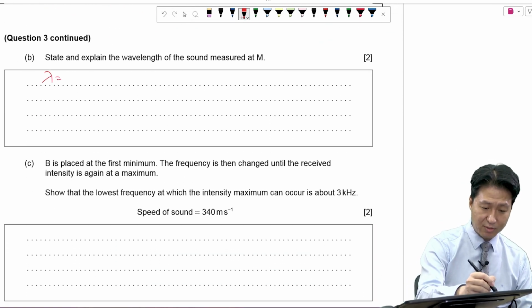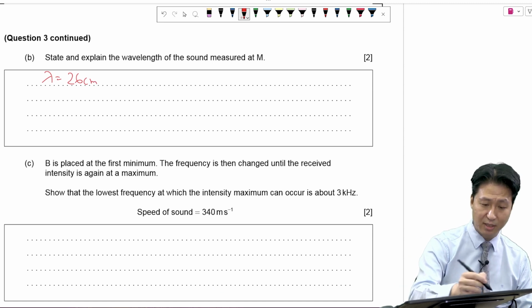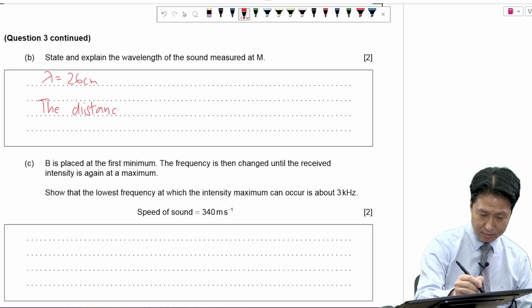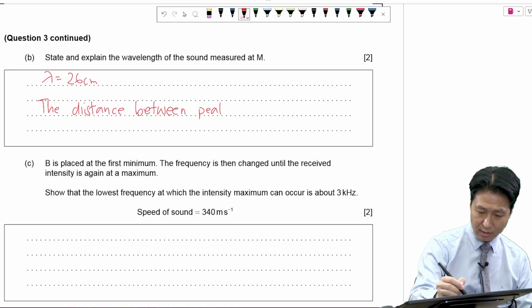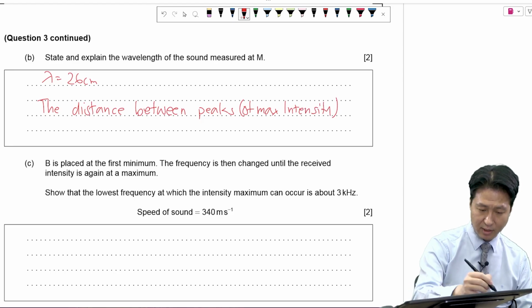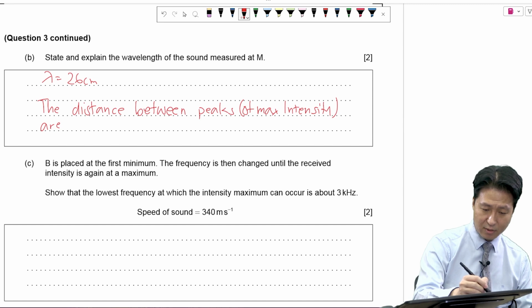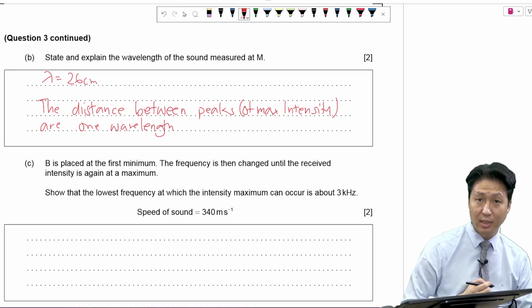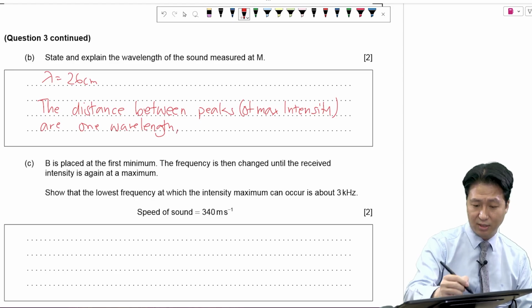So we put wavelength is equal to 26 centimeters because the distance between peaks of maximum intensity are one wavelength, and according to the graph it's 26 centimeters.